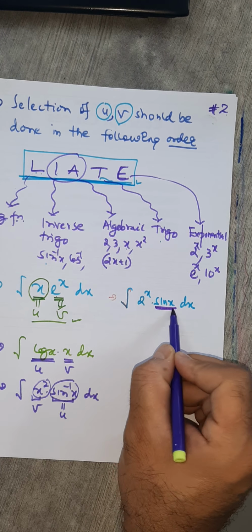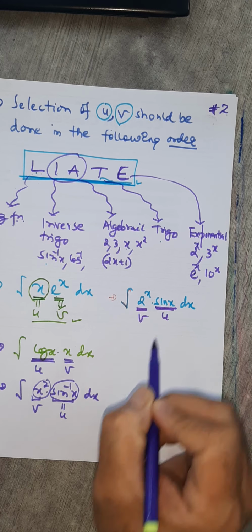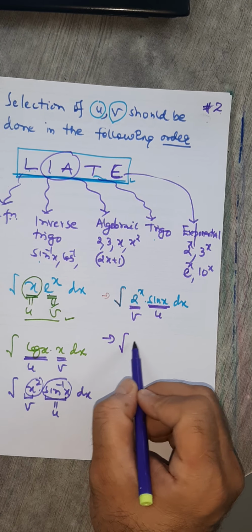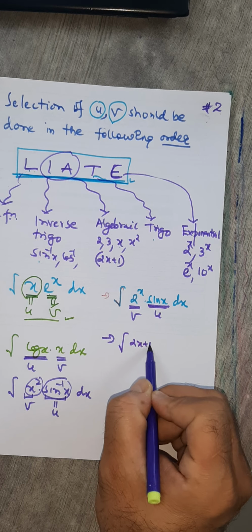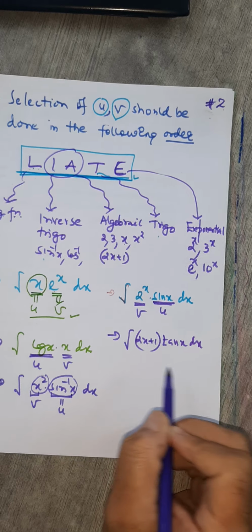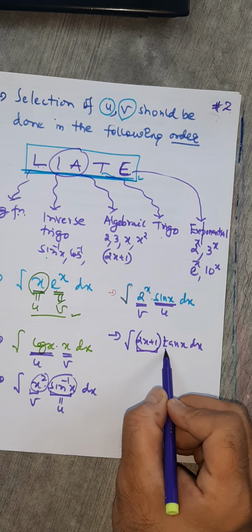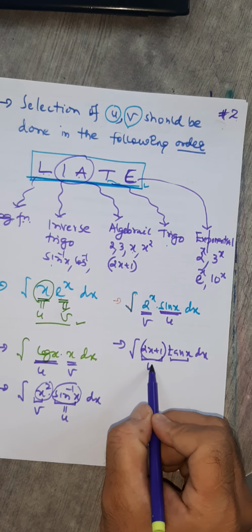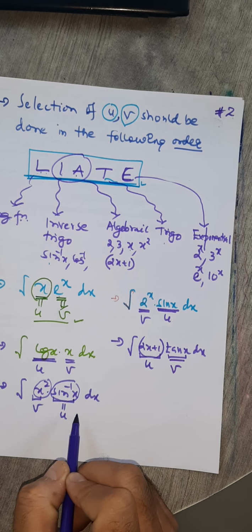Trigo. So this should be taken as u and this should be taken as v, remember, and then do it by parts. Suppose I next have 2x plus 1 into 10x. Combination of which two functions? Algebraic and trigo. In this sequence, which occurs first? Algebraic. So this should be taken as u, this should be taken as v.